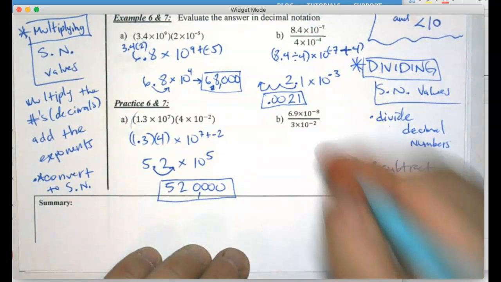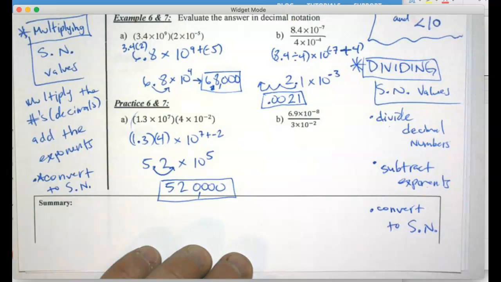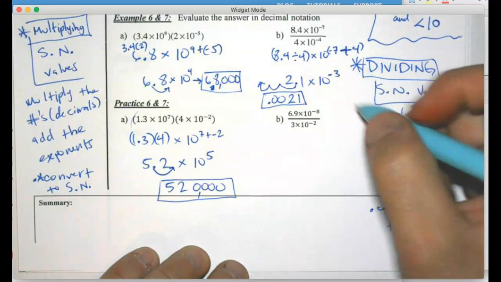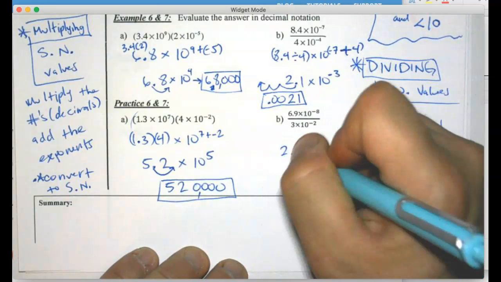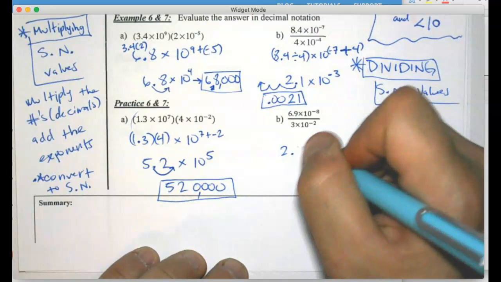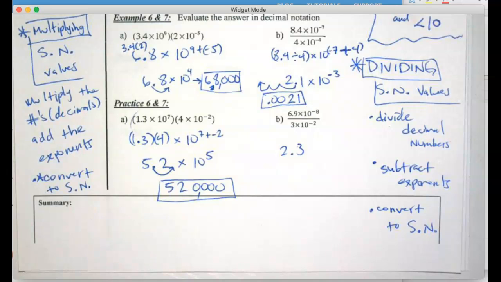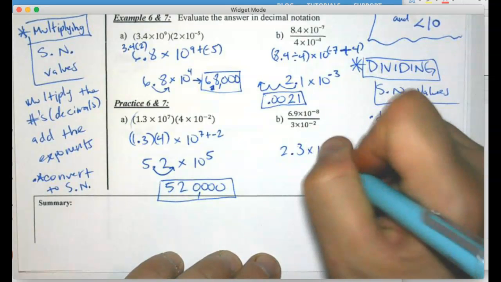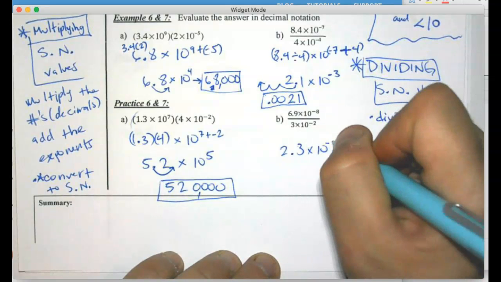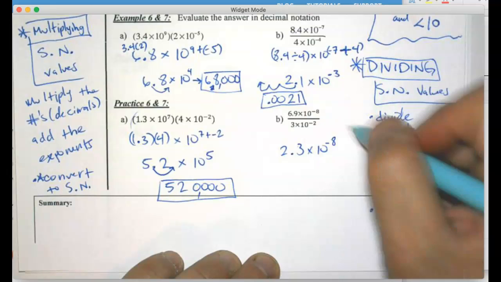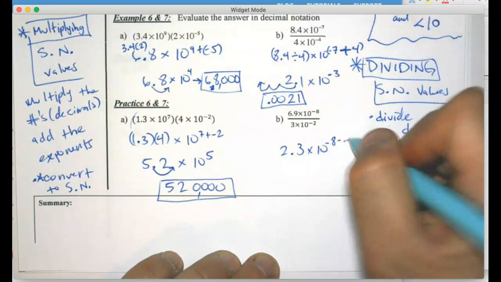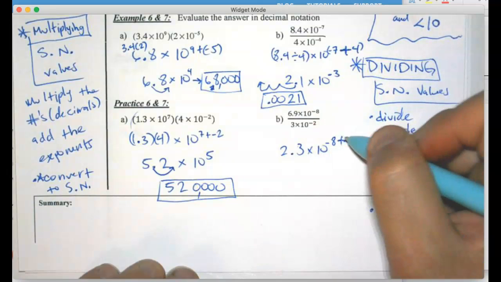And then this last one, 6.9 divided by 3, what's that going to be? That's going to be 2.1, right? Or wait, sorry, 2.3. I mean, have a calculator handy. It's getting late here. I'm not sure. Yeah, 2.3, and then it's going to be times 10 to the, subtract the exponents, negative 8 minus negative 2, so plus 2.